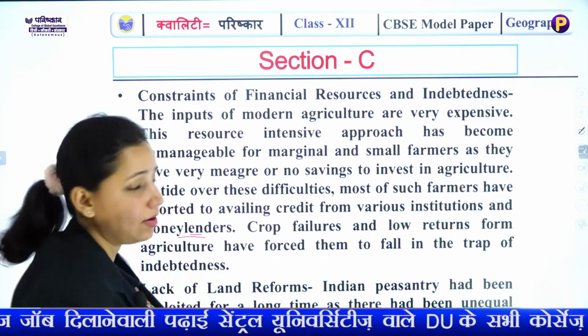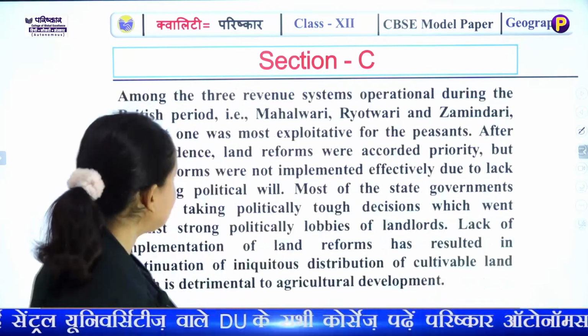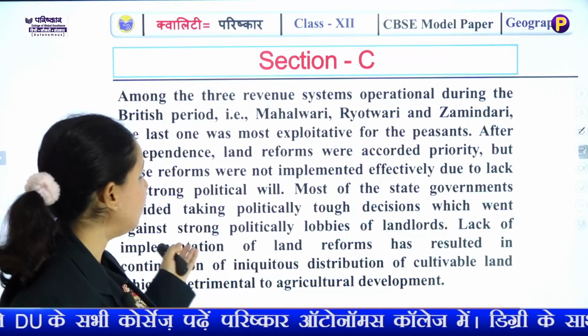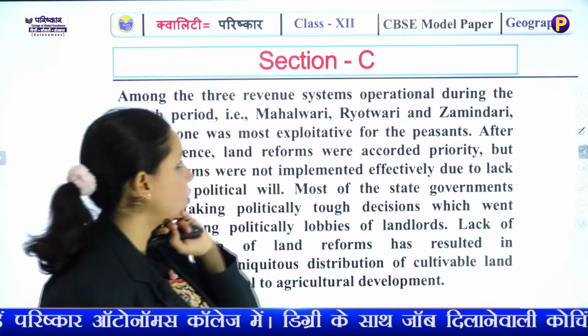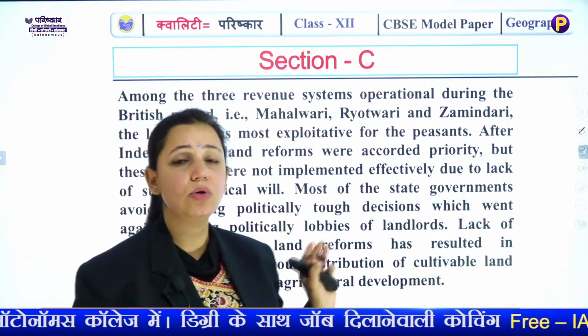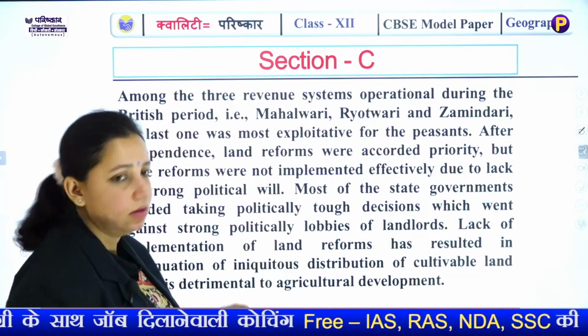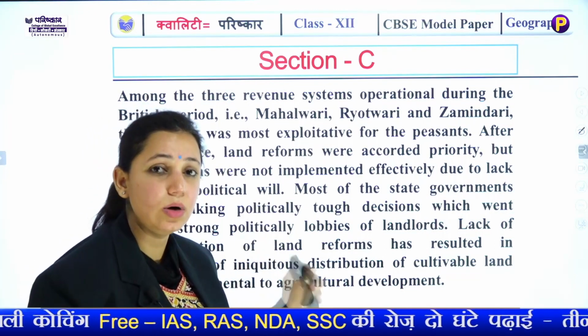And lack of land reform, very important, because historically in British time, we had three systems of land holding: Mahalwari, Ryotwari, and Zamindari, and Zamindari was the most exploitative land system. There the situation of the farmer got worse.